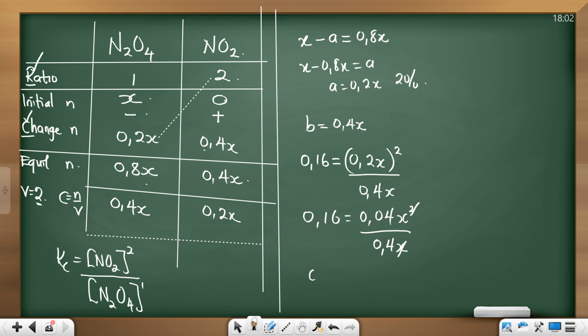The x would cancel there. 0.16 would be 0.1x. Divide both sides by 0.1. 8 marks, done. Straightforward. No issues. Just go with the flow.